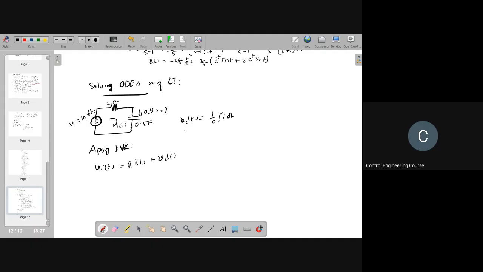Or current i(t), what is i(t)? The current through the circuit, or the current through the capacitor, is C dVc/dt. Now I'm substituting this here. Then you will get RC dVc/dt plus Vc(t).